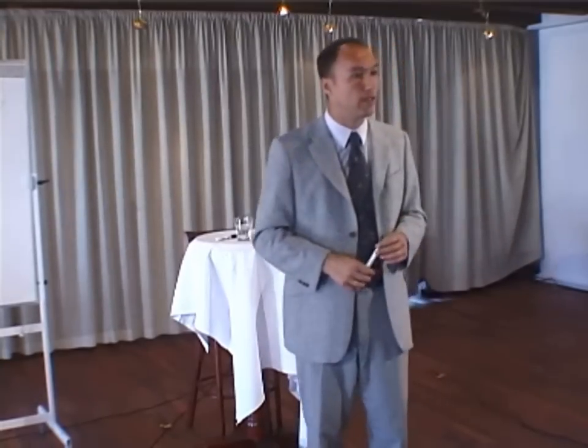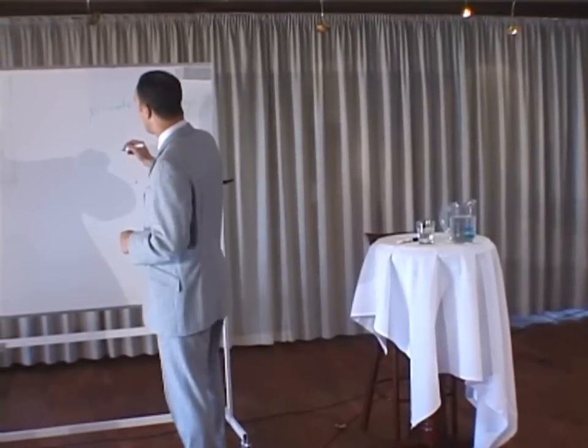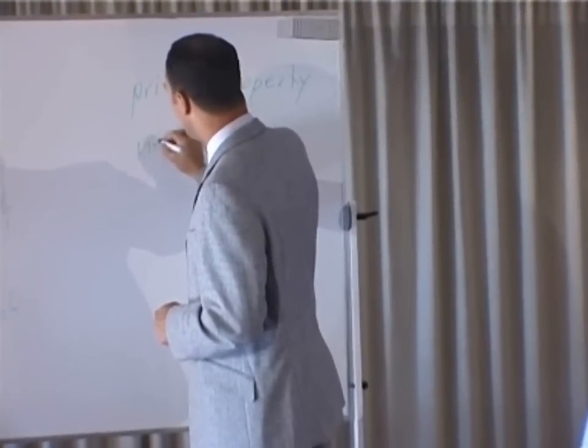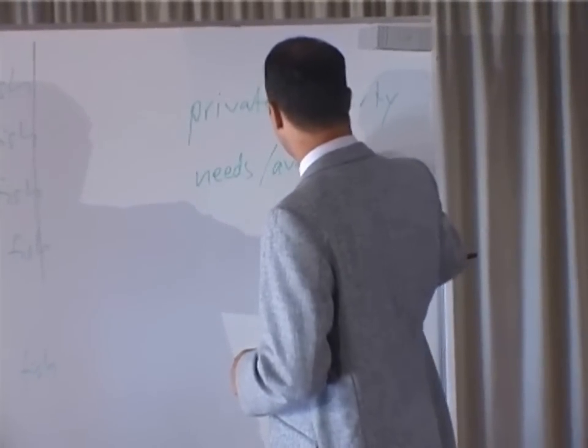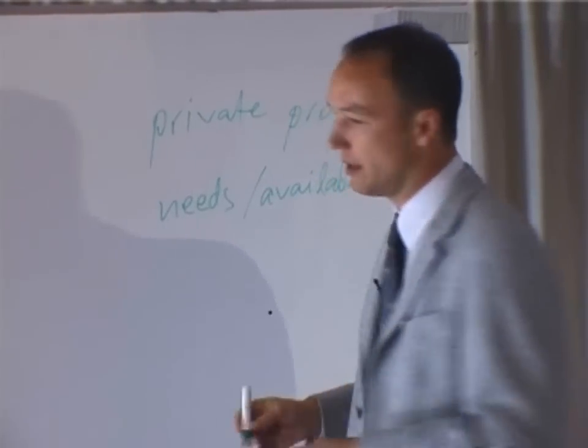Then you have a little problem, and oxygen becomes a scarce good. So we have here the relationship between needs and available supplies. In the case of an economic good, there are always more uses or more needs that we can conceive of than the available supply of the good would help us to satisfy. Then we have an economic good.